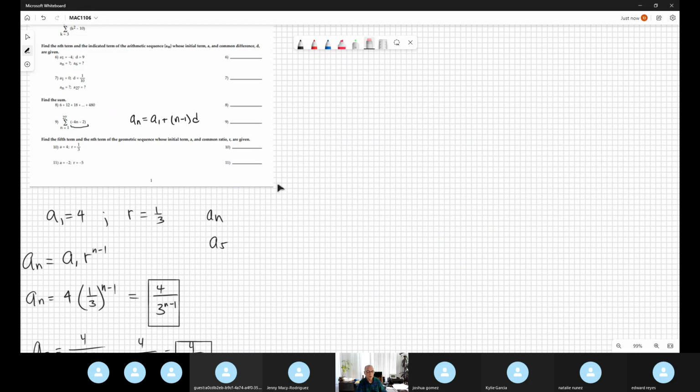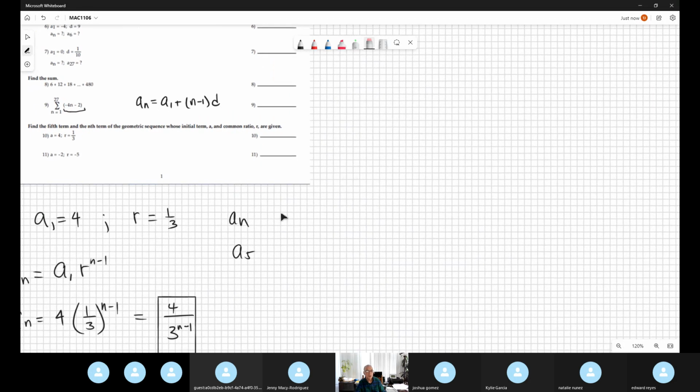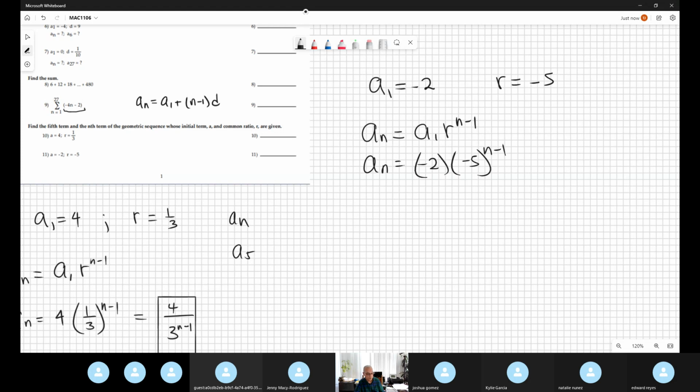Okay, one more geometric. Geometric, a1 is negative 2, and the common ratio is negative 5. Okay. The formula is a sub n is equal to a1 times r to the n minus 1. a sub n is equal to negative 2 times negative 5 raised to the n minus 1.